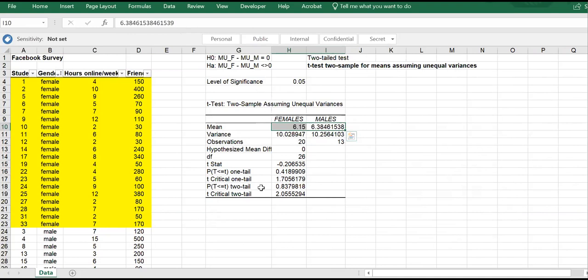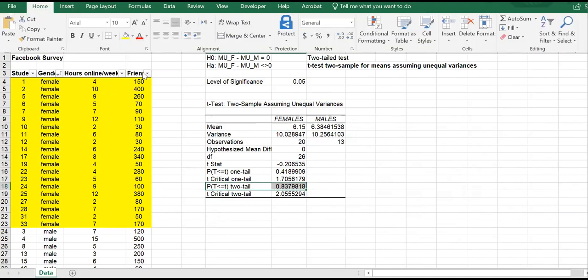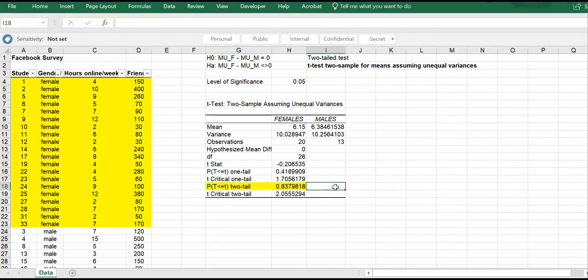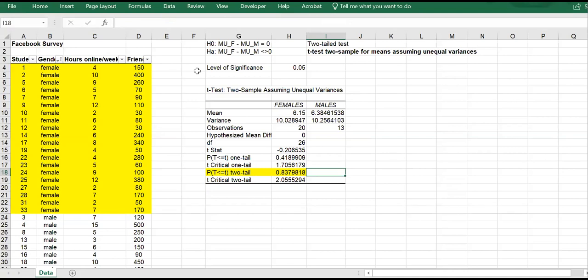We need to just look at the p-value two-tailed. That's what we need. And this is obviously greater than the level of significance, so we fail to reject the null hypothesis, which means that we're going to reject the alternative and conclude that the average number of hours that females versus males spend online is not statistically different.